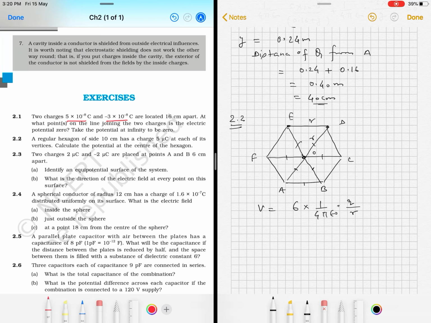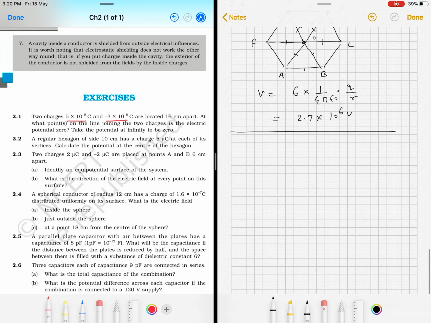So by putting the values in 6 into 1 upon 4 pi epsilon naught Q by R, we will get 2.7 into 10 to the power 6 volt.